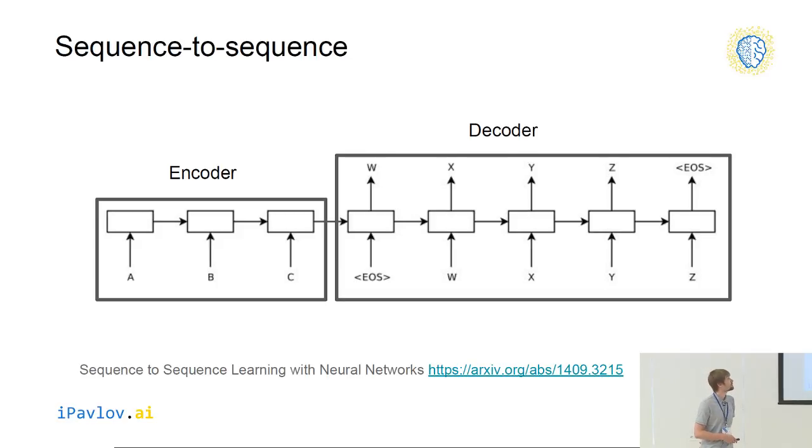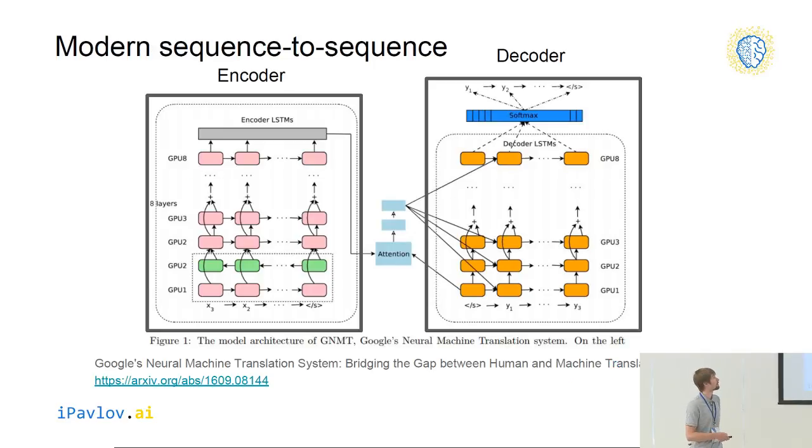On this slide, you can see modern sequence-to-sequence architecture. I took this picture from the paper about Google's neural machine translation system. You maybe used this model when you try to translate something using Google's translator on their website. As you can see here, we can find the same building blocks, encoder and decoder, but they become deeper.